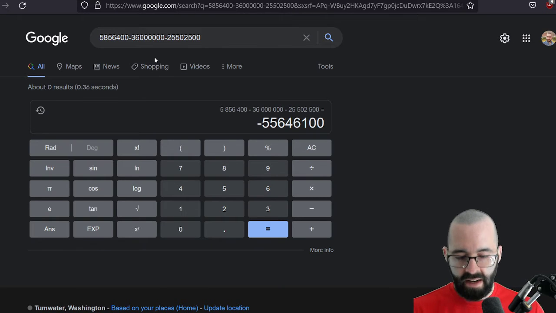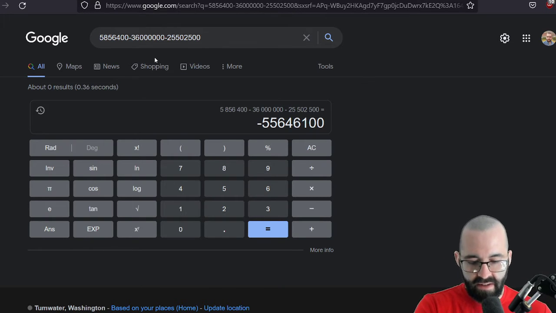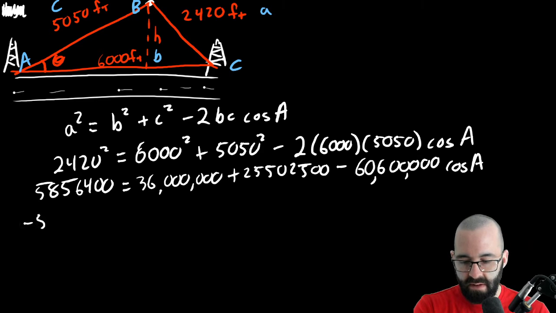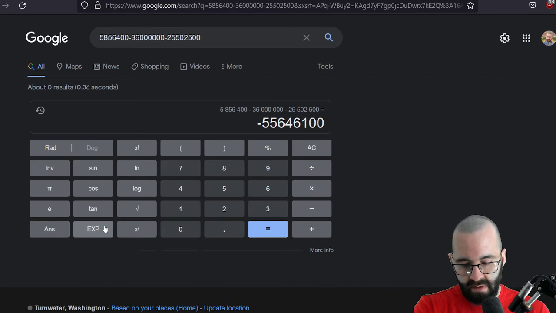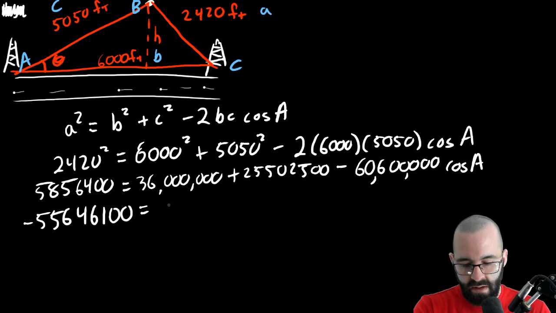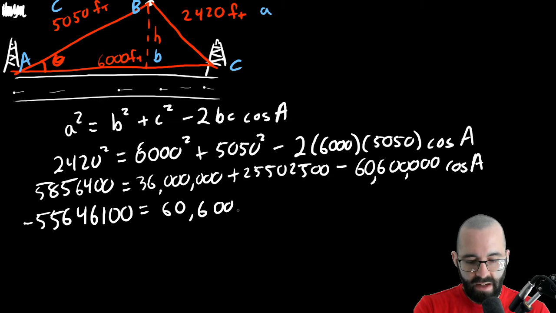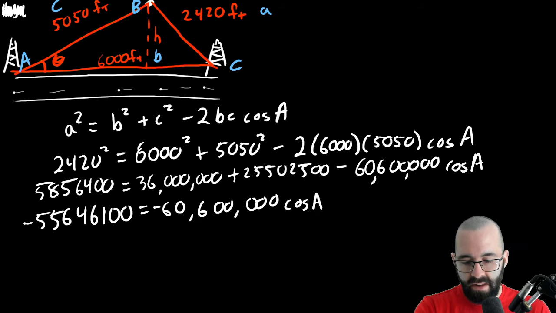Going to give us a negative number. That's okay, because there's a negative on the other side too. Negative 55,646,100 equals negative 60,600,000 cosine of A. Sorry, negative. And then divide both sides by that 60 million.